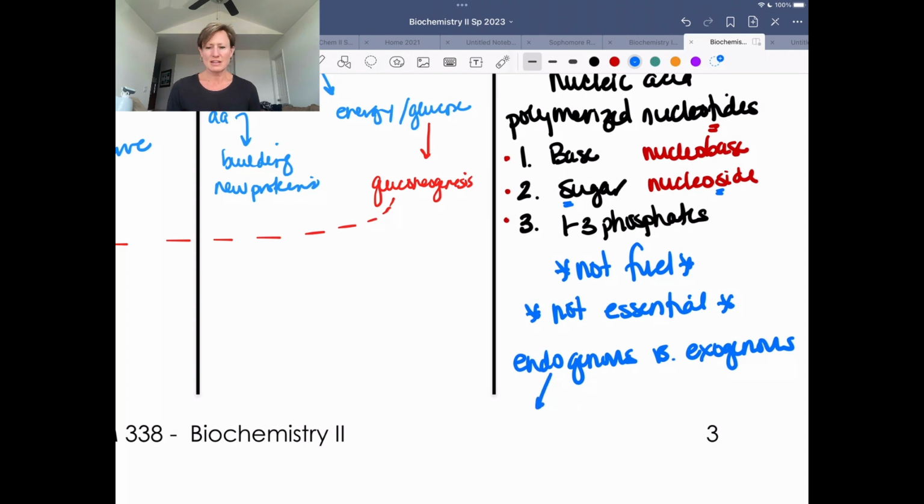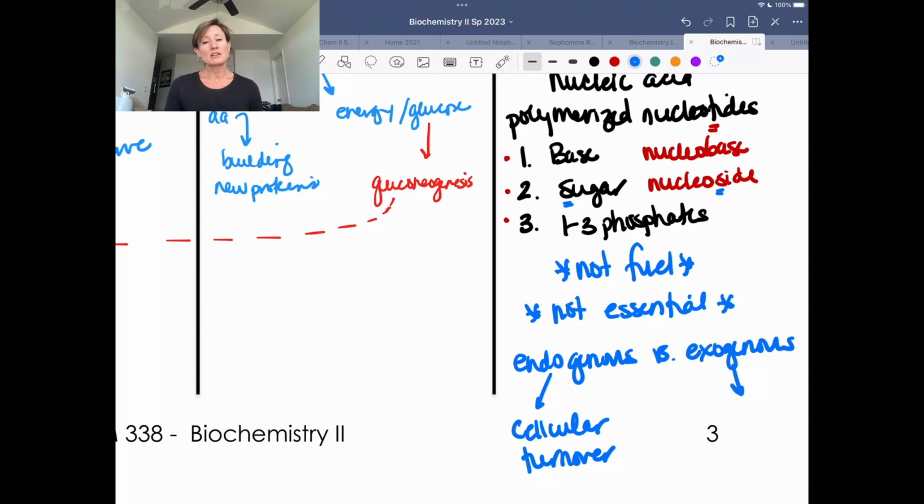From an endogenous standpoint, anytime we do cellular turnover, we are going to be degrading those components. So we have this internal source of nucleic acids that we need to think about breaking down to nucleotides and then degrading those nucleotides or correspondingly building them up.